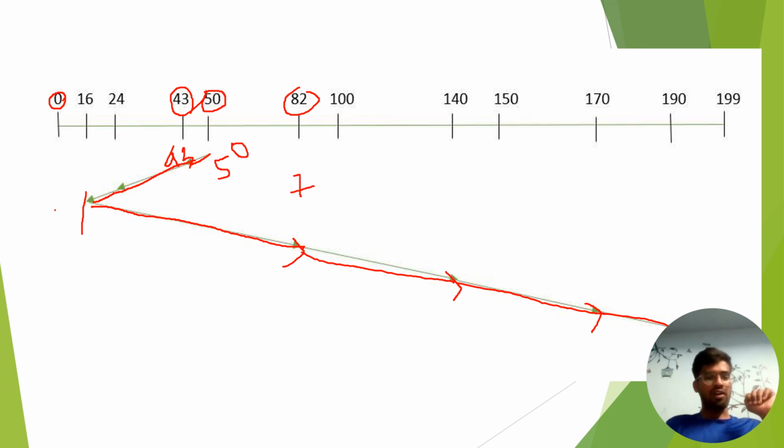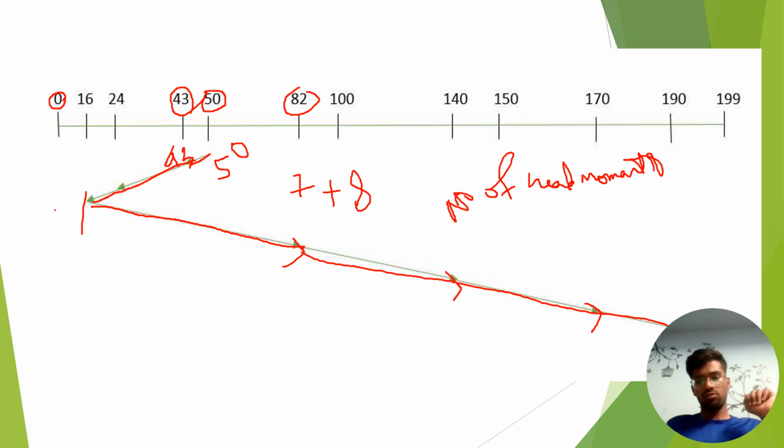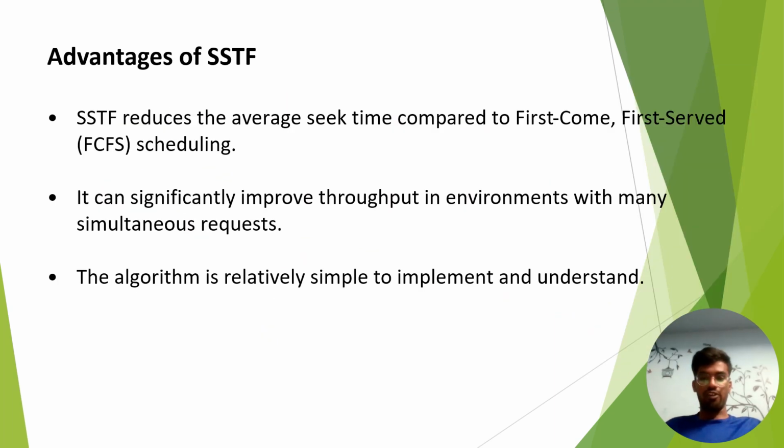Then 43 minus 24 is 19, and 24 minus 16 is 8. By adding everything up, including 82 minus 16, we understand the problem and finally identify the total number of head movements.